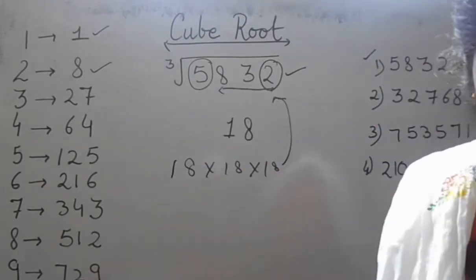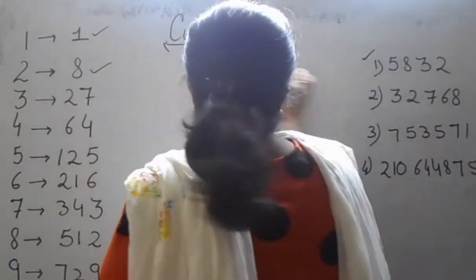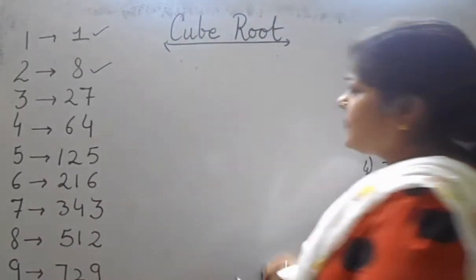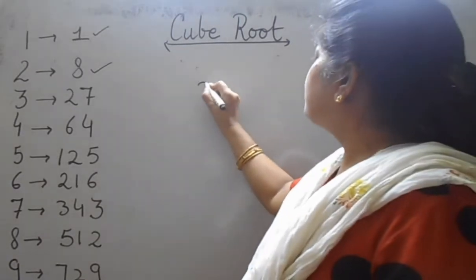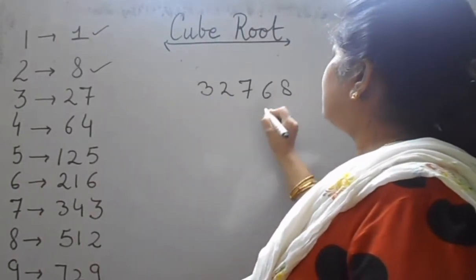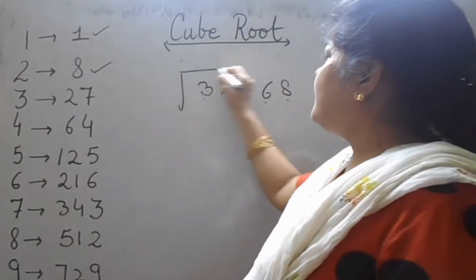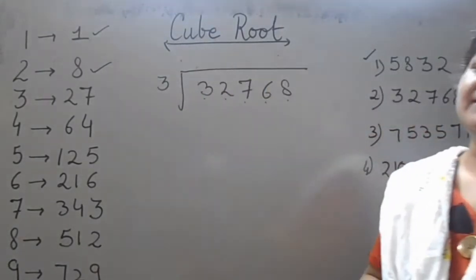Now the second number I am going to take is a 5-digit number: 32768. We have 1, 2, 3, 4, 5 digits, and now we have to find the cube root of this 5-digit number.